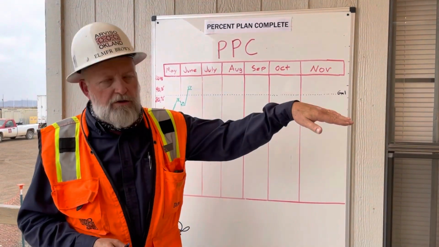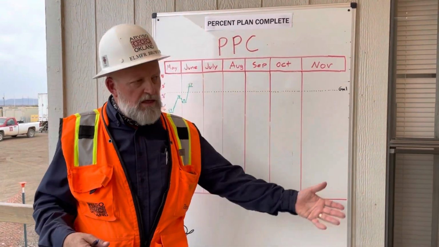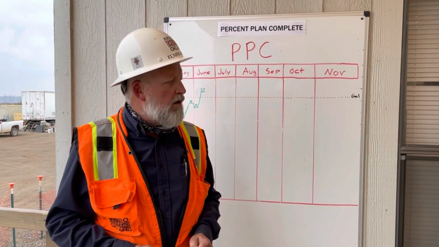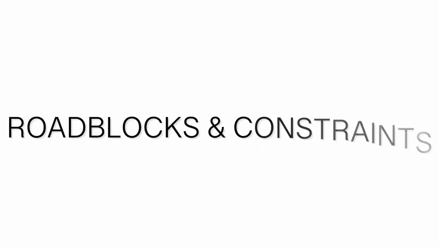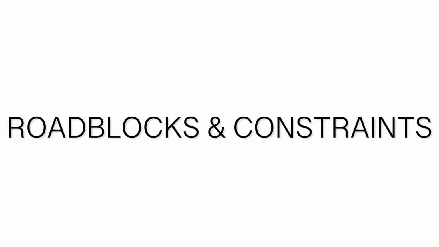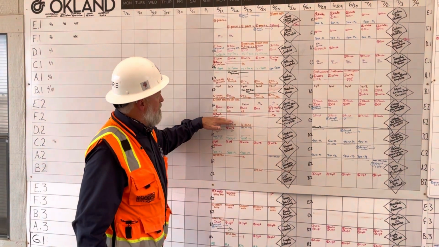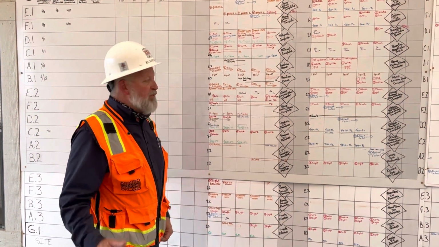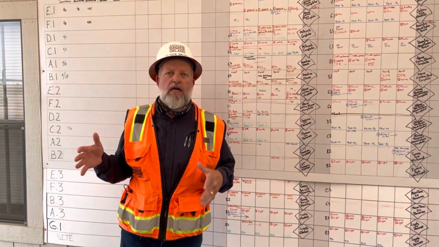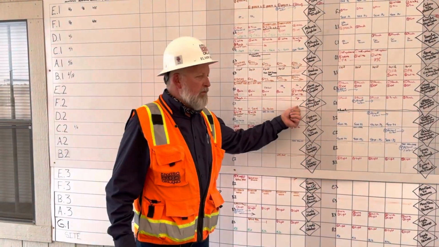Now as we move into finishes, we get new trade partners, and they come in and become part of the daily huddle. As we're talking through items and trying to meet our goals, perhaps one of our trade partners identifies that, hey, I've got a problem.